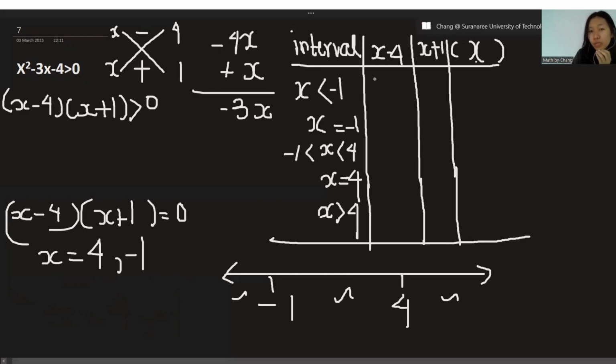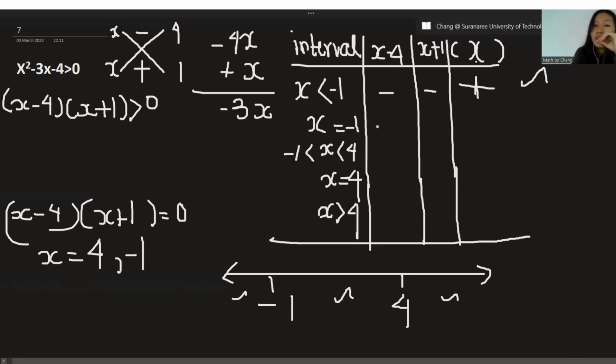So minus 2 minus 4, what will you get? Minus 6. Minus 2 plus 1, you will get minus 1. When you multiply two negative values, you will get a positive value. So when you put the value of x less than minus 1, you will get a positive value, so you have to consider this interval.